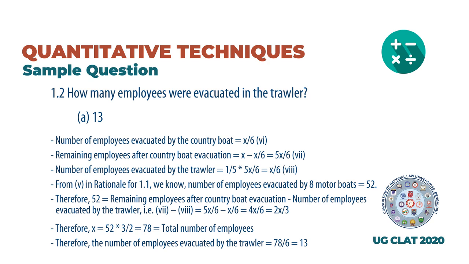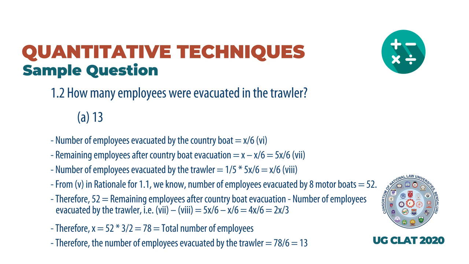Therefore, 52 is the number of remaining employees after the country boat evacuation minus the number of employees evacuated by the trawler. That is, 52 is equal to calculation 7 minus calculation 8, which is equal to 5X divided by 6 minus X divided by 6, which is equal to 4X divided by 6, which is equal to 2X divided by 3.